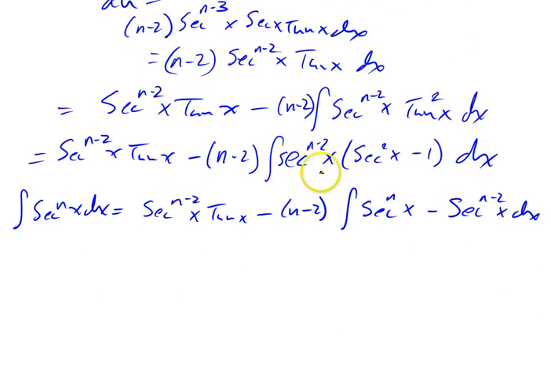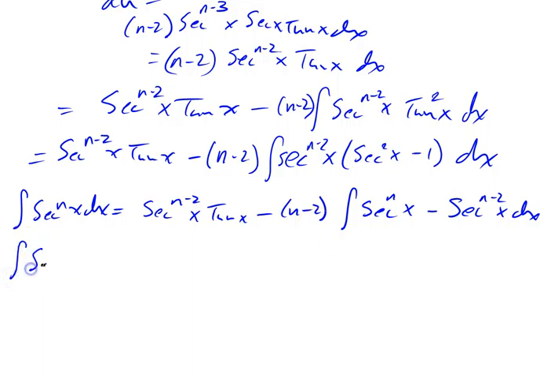So I distributed this secant in through there. Now you can see I'm going to have an integral of the secant of x again, but I've got a minus n minus 2 of them over there.